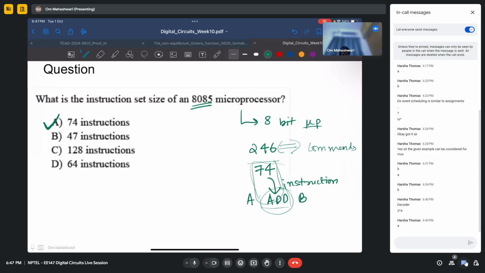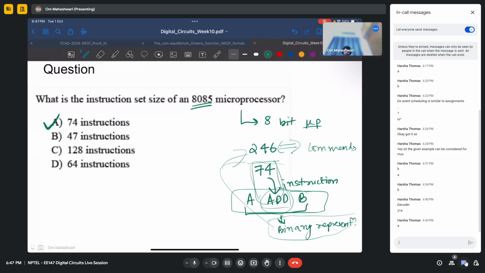Basically, this 246 is nothing but some binary representation. Each command is converted into some binary representation, and those binary representations are already stored in these 246 commands.